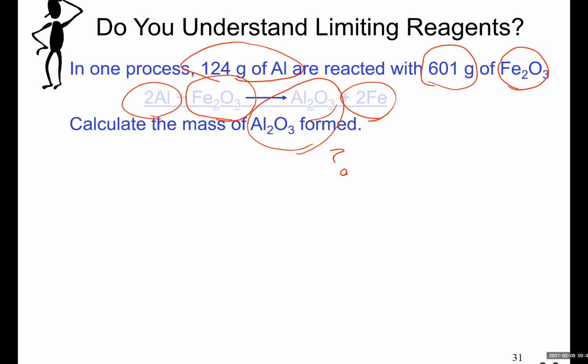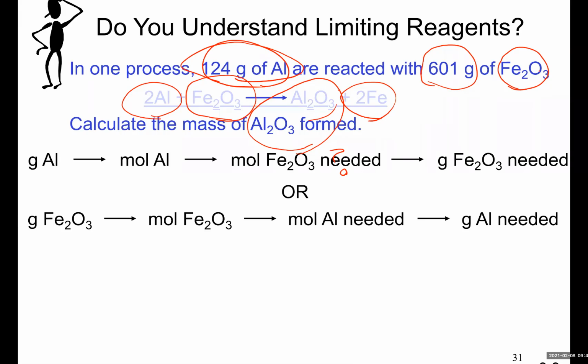Next step. Does it make sense that I choose one of these, either grams of aluminum, convert it to moles of Al, convert it to moles of Fe2O3, convert moles of Fe2O3 to grams, and see if Fe2O3 is in excess or if we are short of it?